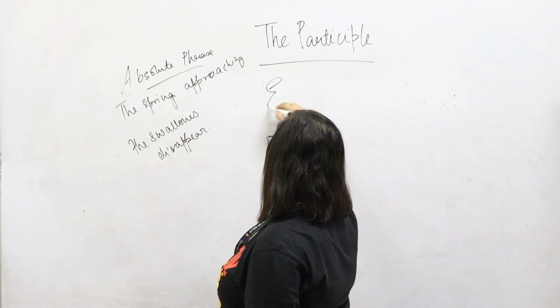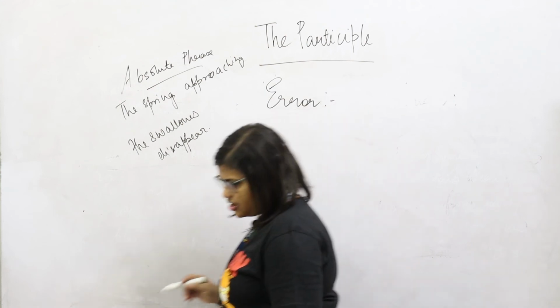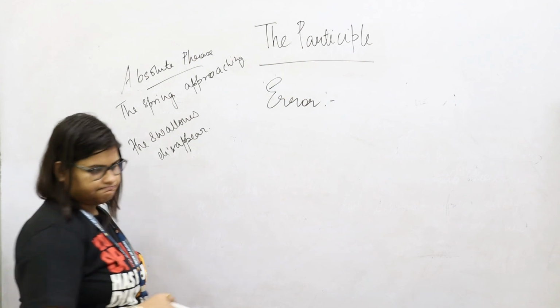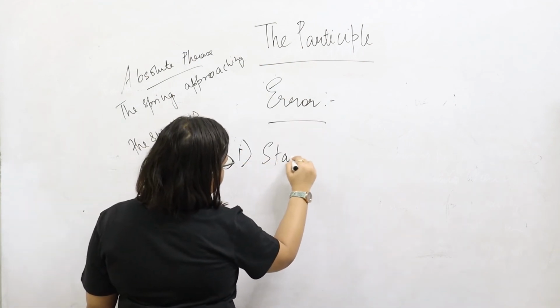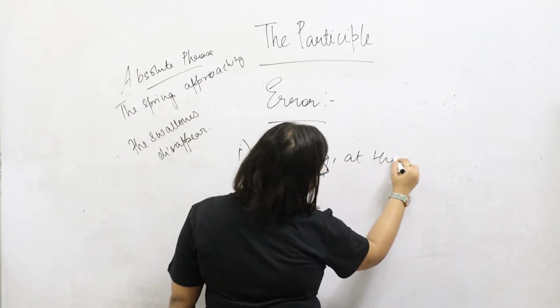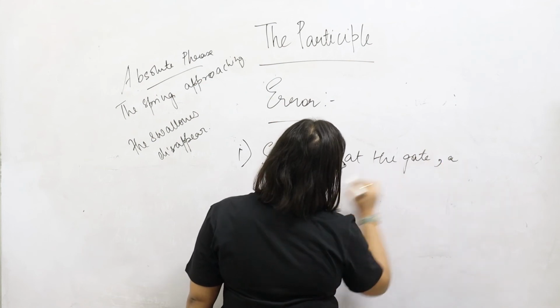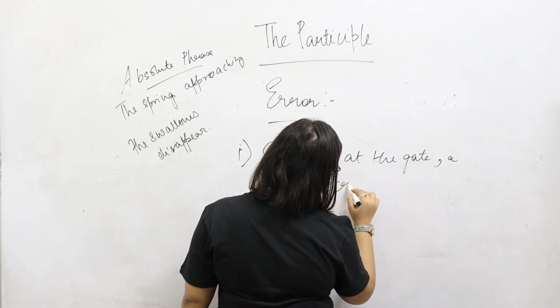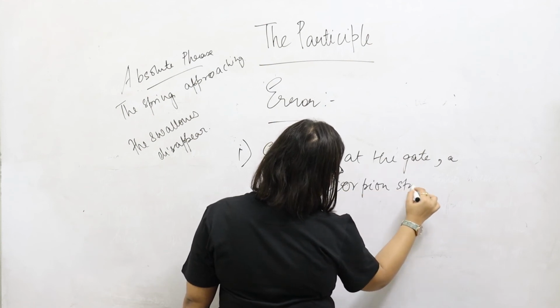So the common errors are, if we take this as an example: standing at the gate, a scorpion stung him.